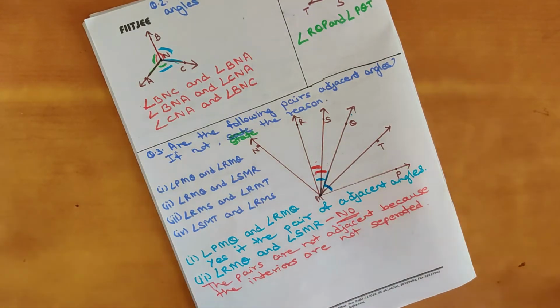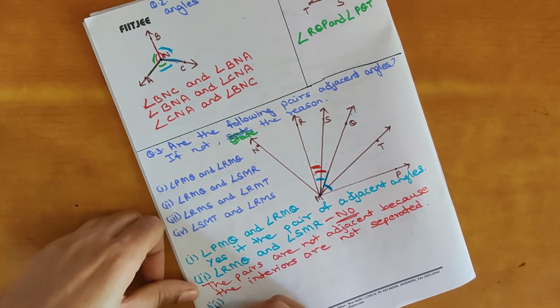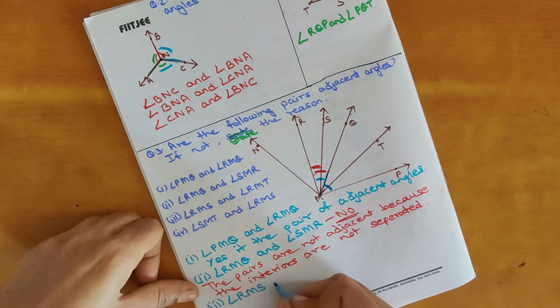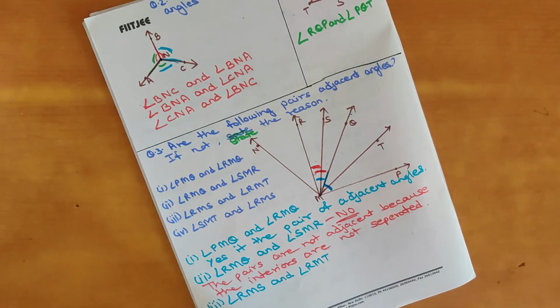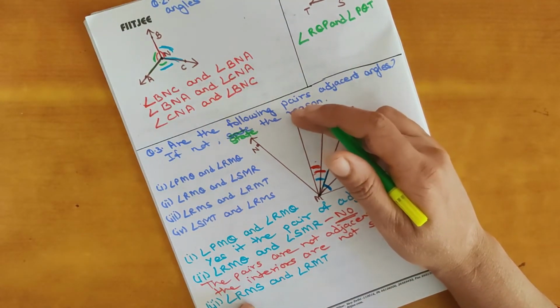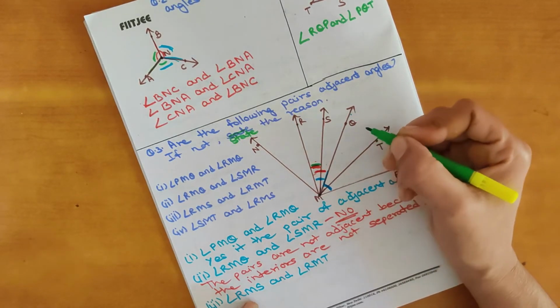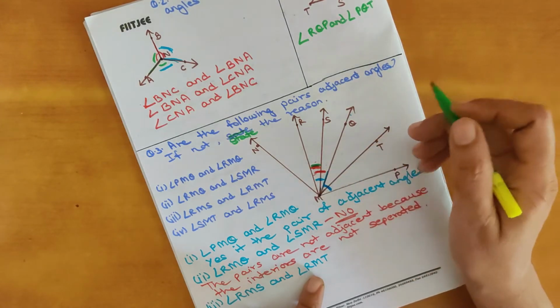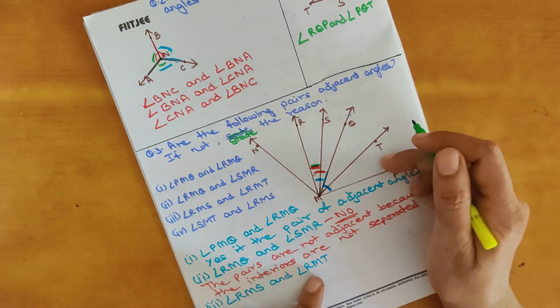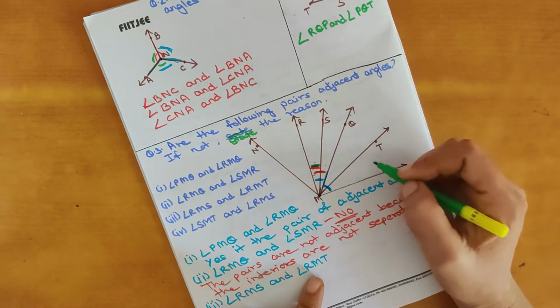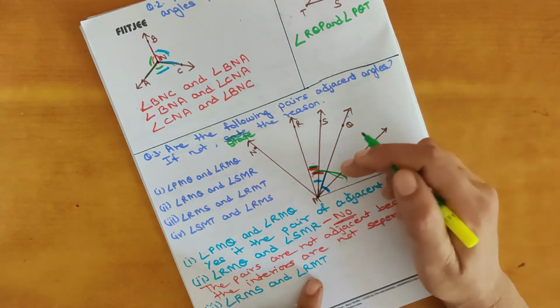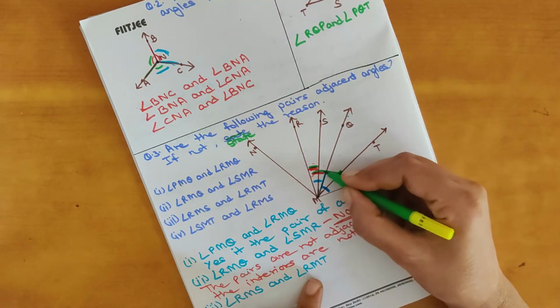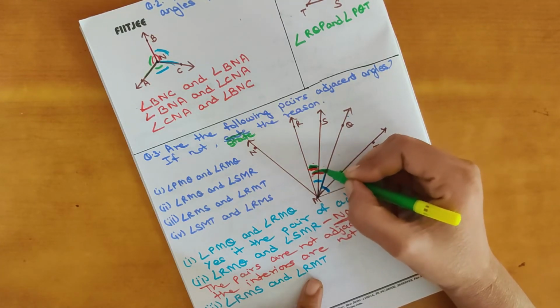Now next, the third one: angle RMS and angle RMT. I will show angle RMS with light green color. Angle RMS means this, and angle RMT means this full one.